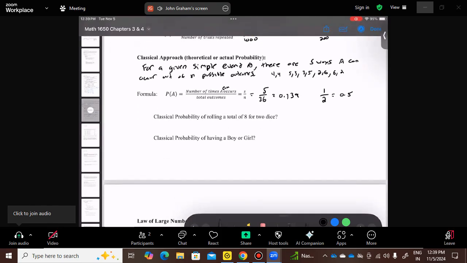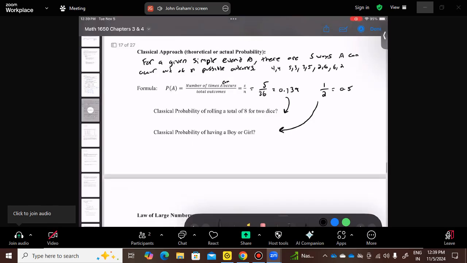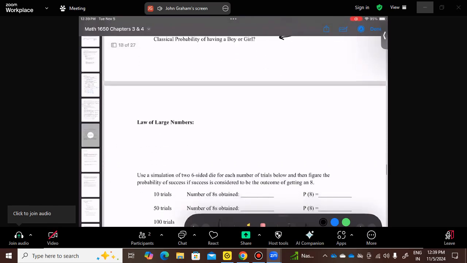I have these above, but I'll just do that. I got a little ahead of myself in where I wrote them. Right, the law of large numbers.